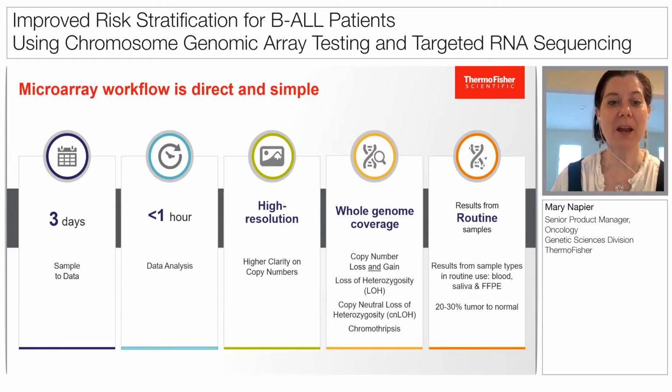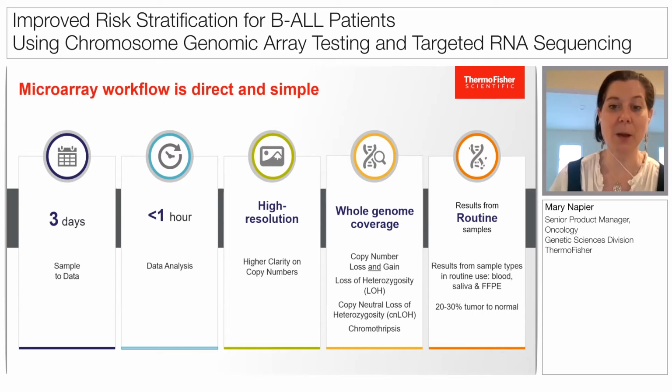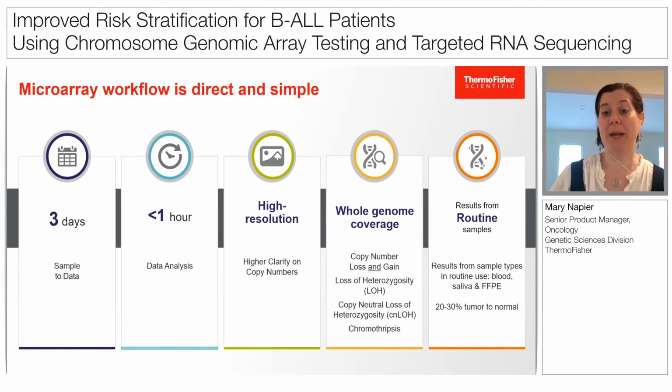She focuses on molecular testing on adult as well as pediatric patients undergoing hematopoietic stem cell transplants. And she is talking about improved risk stratification for B-ALL, or B-cell acute lymphocytic leukemia patients, using chromosome genomic arrays and RNA-seq. Thank you, Dr. Fang.